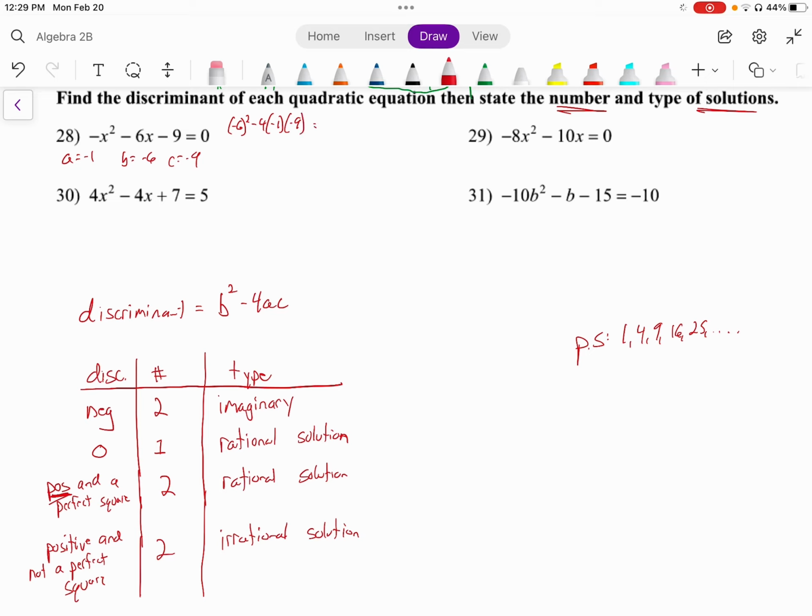Well, that is 36, minus, 3 negatives, so that would be negative, 36, which is 0. So we found the discriminant. It's part of our answer. And then we look at our table here. The discriminant was 0, so we have one rational solution.